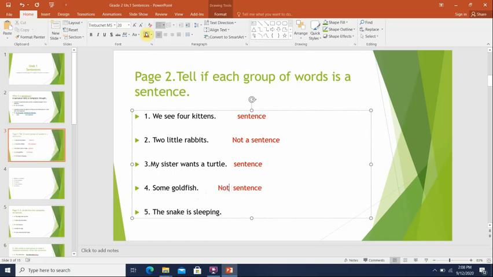Okay, number 5. The snake is sleeping. The snake is sleeping. The group of words here mentions the snake and what it's doing, it's sleeping. So this is a sentence, right?